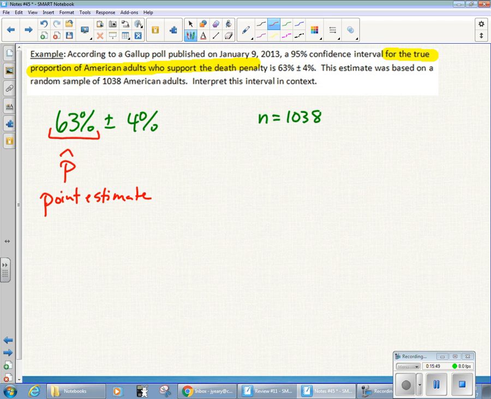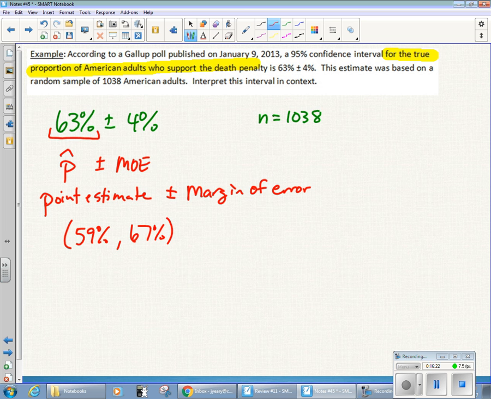Same exact thing. The only reason I use p-hat is because it is a proportion. Okay, and then they added the margin of error, plus or minus, or wiggle room. So what they're saying here is, if you were to continue building this interval out, they believe that the true proportion is somewhere between 59%, that would be 63 minus 4, and up to 67%.